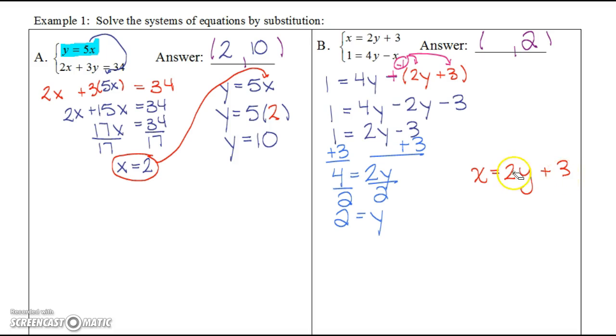But this time, instead of y, I can substitute my 2. x equals 4 plus 3, which is 7. So the place where these two lines intersect is at 7, 2.